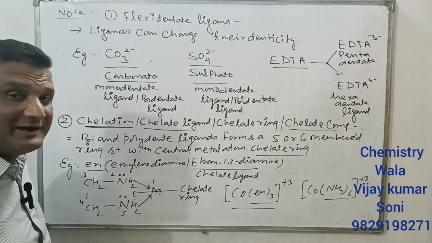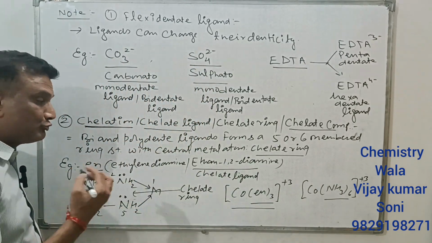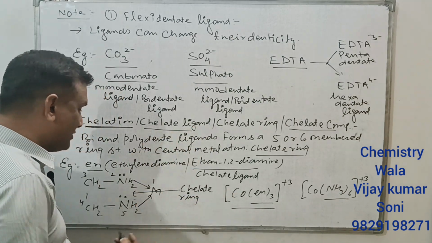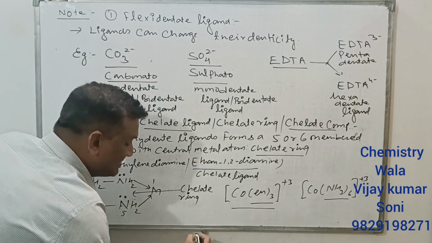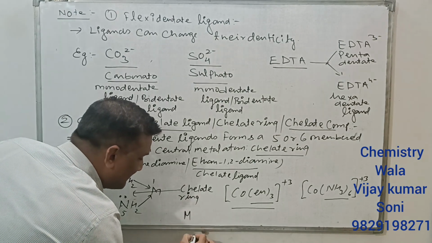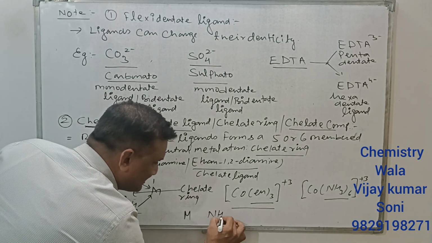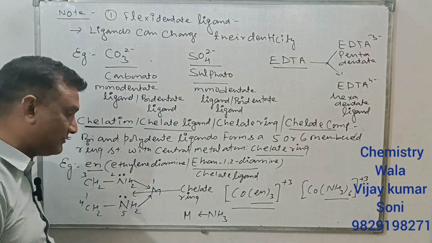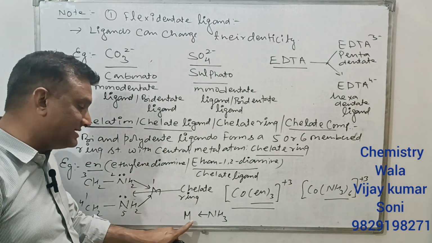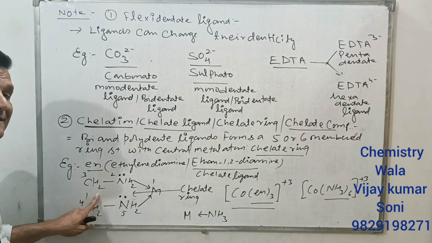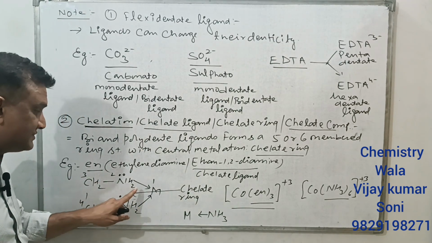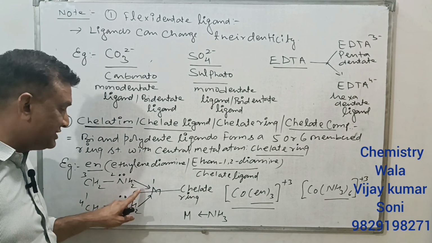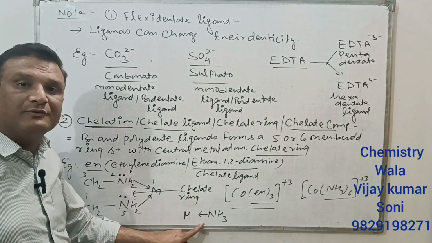If we go with stability, then those compounds which have a chelate ring are more stable. If I go with NH3, this is the central metal atom, and NH3, one donor atom, donates one lone pair of electrons and forms one coordinate bond with the central metal atom, while a chelate ligand forms 2 coordinate bonds, and it will require a larger amount of energy to dissociate 2 coordinate bonds as compared to 1.